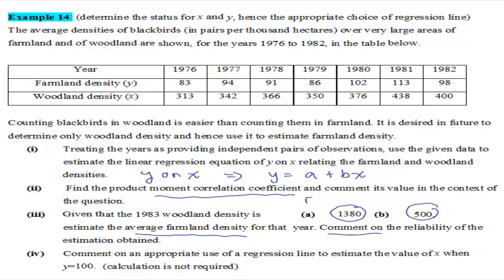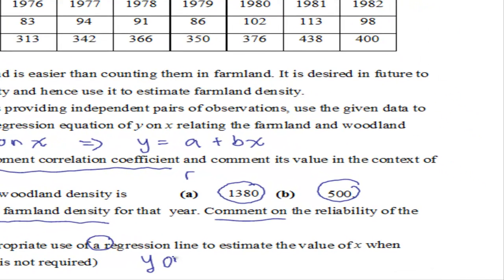In the last part, you are asked to comment on the appropriate use of a regression line. You should think about whether to use y on x or x on y, and this must depend on which variable is the dependent variable and which is the independent variable. So let's look at how we can solve example 14.